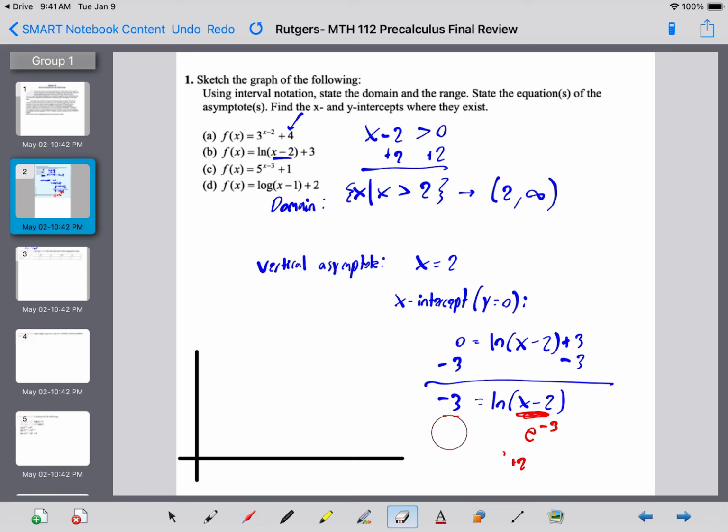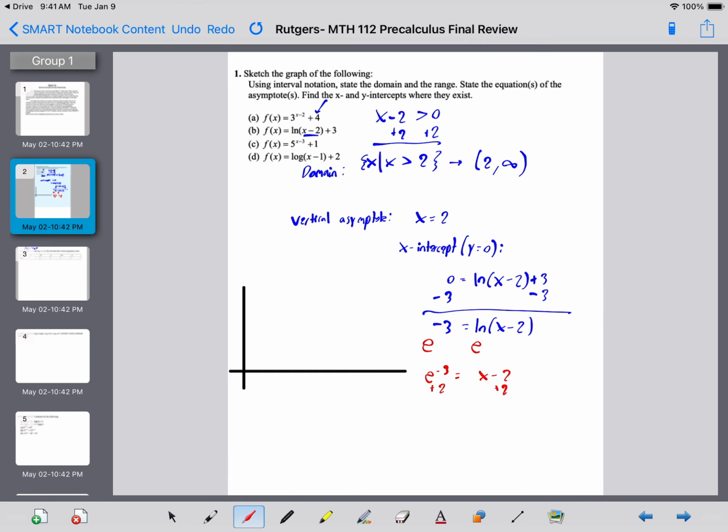Or you can do the inverse of ln, which is e to the x, on both sides, and then you get e to the negative 3 equals x minus 2, and add 2. Notice that it's essentially the same work, and you get the exact same answer. You could also show this as 1 over e to the 3, plus 2.